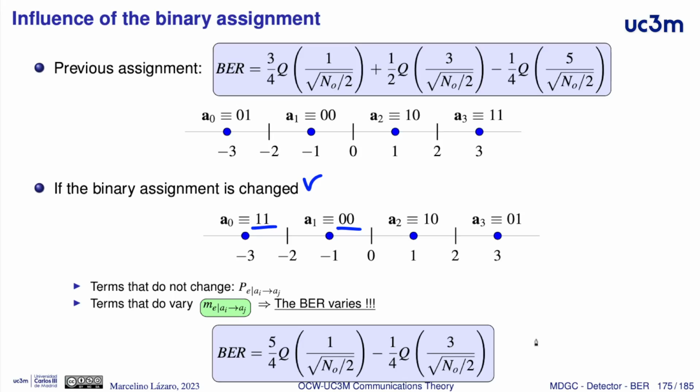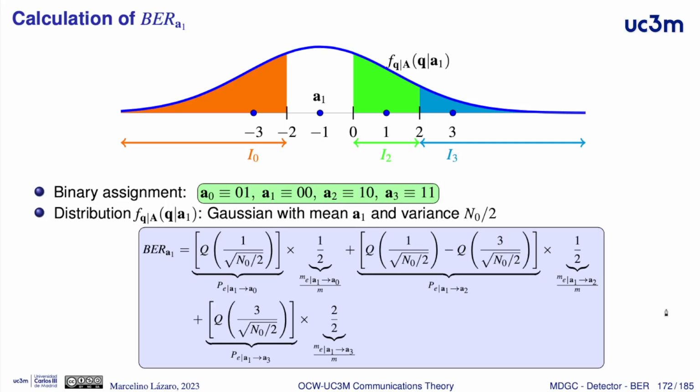Because in the previous examples, if we now modify the binary assignment, these probabilities of symbol errors will not change, but these terms here will change.